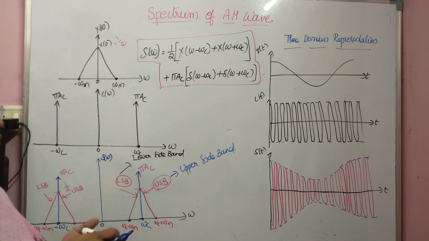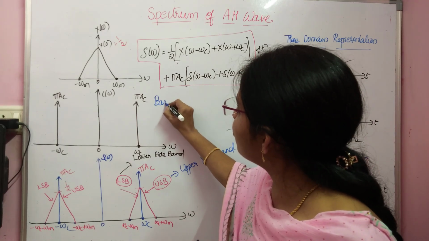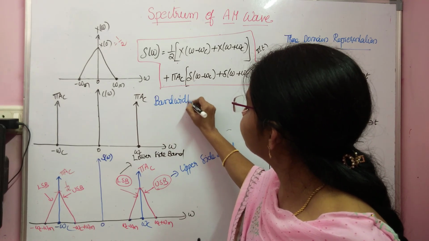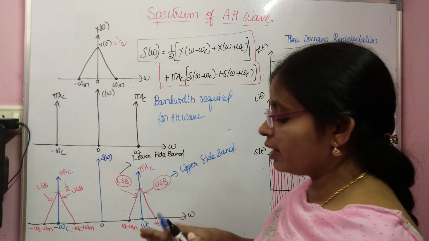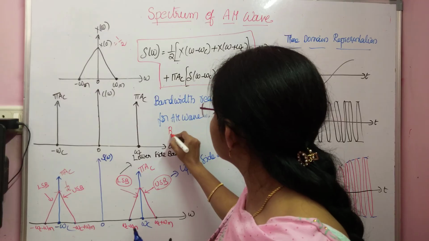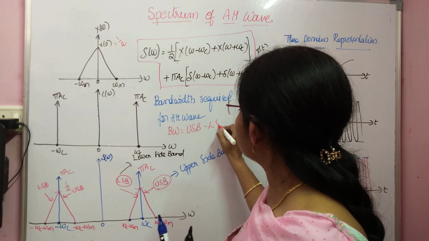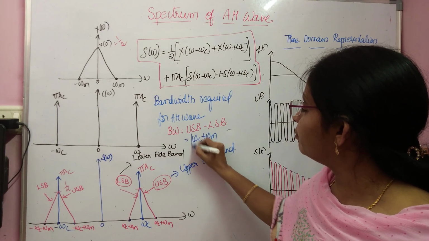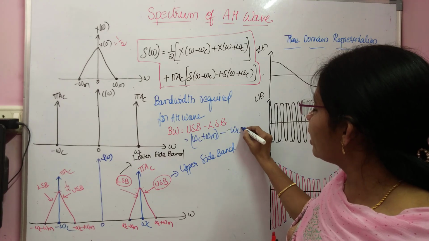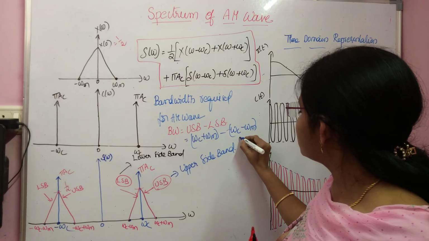Now what is the bandwidth required for the AM wave? The bandwidth is USB minus LSB. What is USB? Omega c plus omega m. What is LSB? Omega c minus omega m. So totally, what is the value?